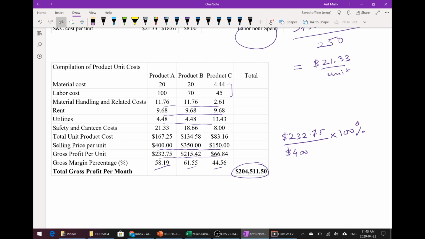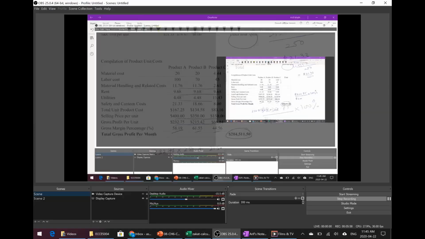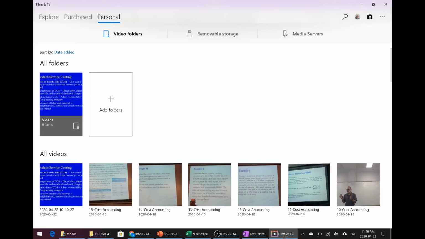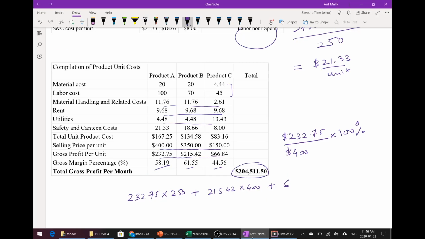The total gross profit per month is just the gross profit per unit, 232.75, multiplied by the 250 products we produce, plus 215.42 multiplied by the 400 products we produce for product B, plus the gross profit per unit of 66.84 multiplied by 900.